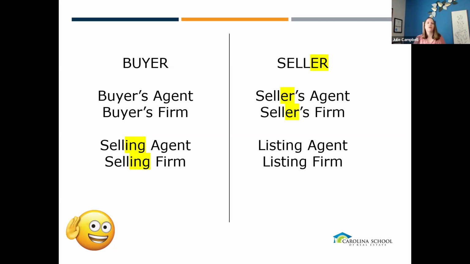Our technical terms, our technical tags, if you will, are the ings. We're going to see those on our forms, and you'll see that with practice questions. You're going to have to find commission for the listing firm or the selling agent, for example. So make sure we're good. If you don't have this, please do a quick screenshot so you can refer back to it.